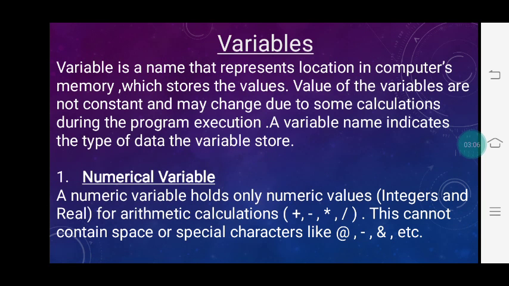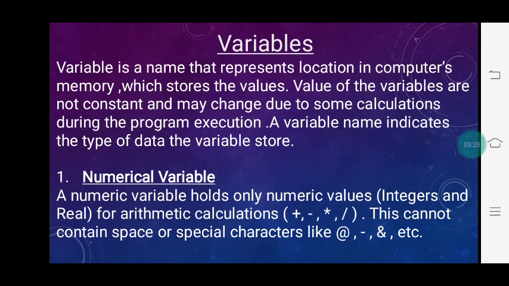Now variable. What is a variable? A variable is a name that represents a location in the computer's memory which stores values. The value of a variable is not constant and may change due to some calculations during program execution.